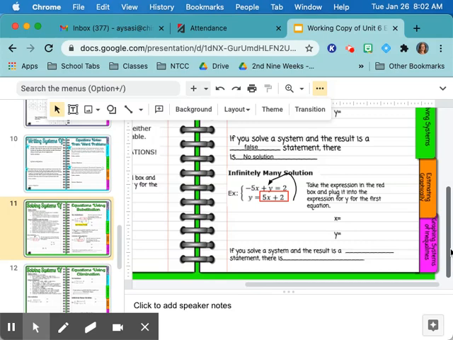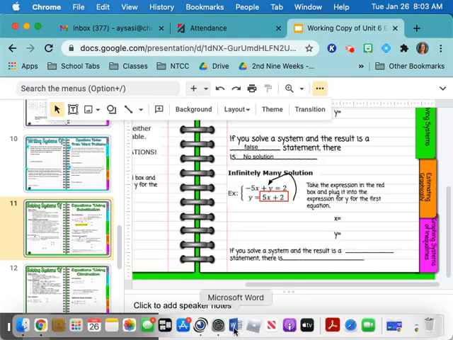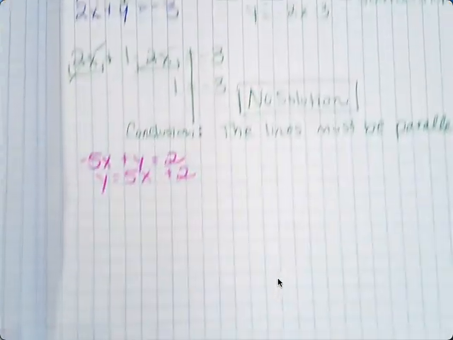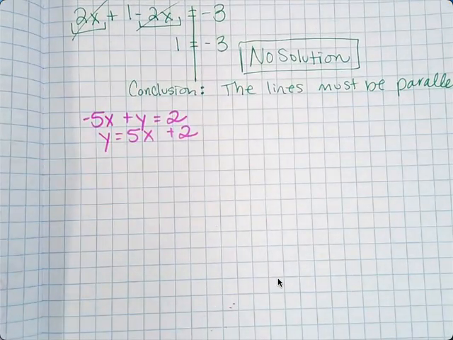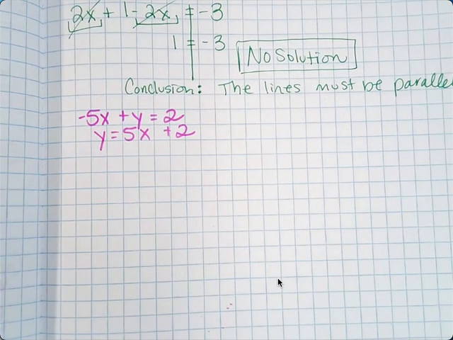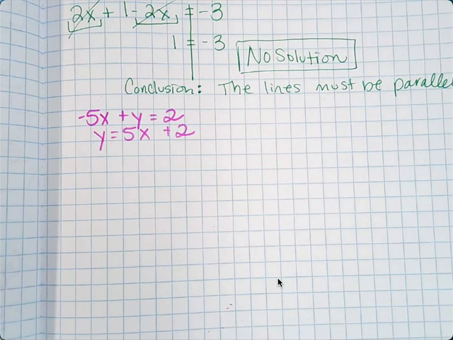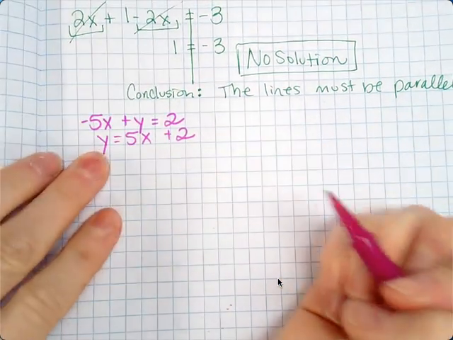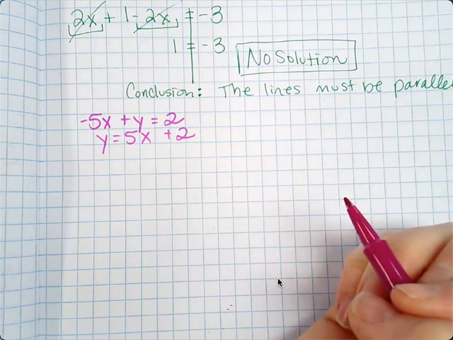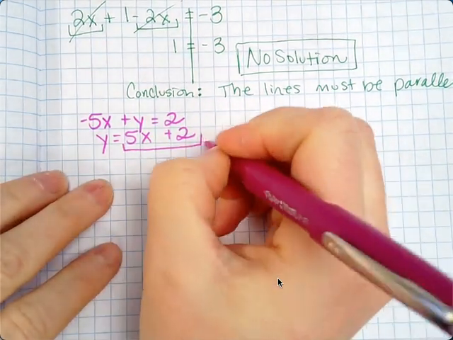Okay, let's go to this next one. Negative 5x plus y equals 2. And y equals 5x plus 2. Okay, so that means that we are going to, what are we going to plug in? 5x plus 2 for y.